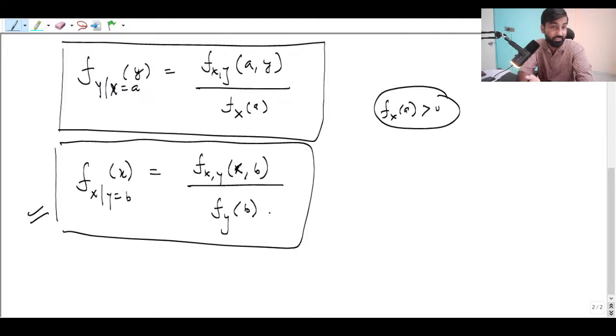So what are the properties of the conditional density function? Both the conditional densities are valid densities. Like you have to make sure that the given density functions are valid density functions, meaning the area under the density function must be equal to 1.